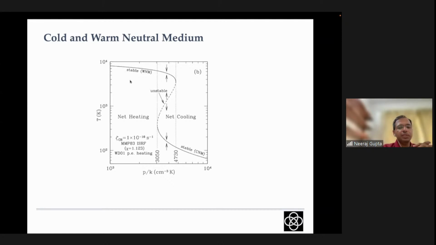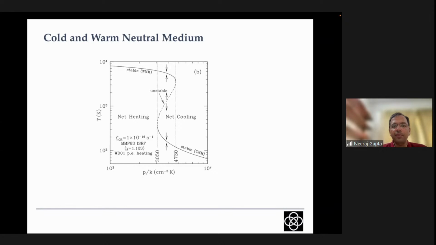When people try to simulate using understanding of various physical processes, because when we talk about a gas at a certain temperature, that temperature is actually a result of a balance between various heating and cooling processes that are taking place in the ISM, right? For example, if there is a radiation field that will lead to photoionization, and the electron that comes out with excess energy would be contributing to the heating up of the gas, right?